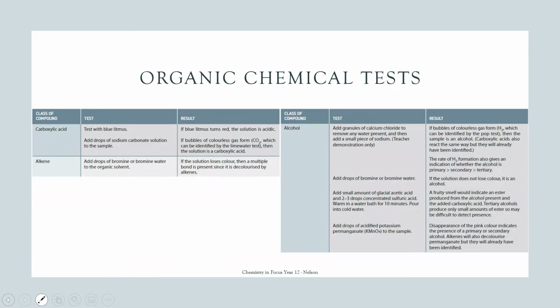In class, what we'll try and do is develop a little bit of a flowchart. We already know that when doing organic chemical reactions, there are a lot of safety considerations to take into account. Things like flammability and reactivity really need to be at the forefront of our minds. And as a result, we may not want to do some of these reactions.